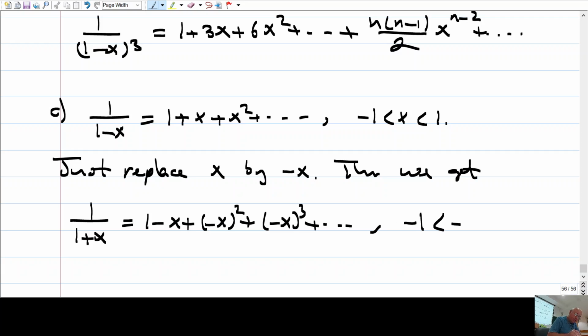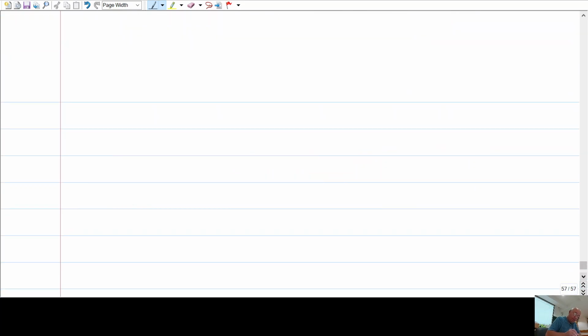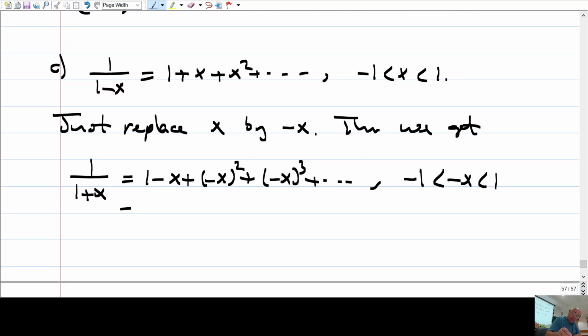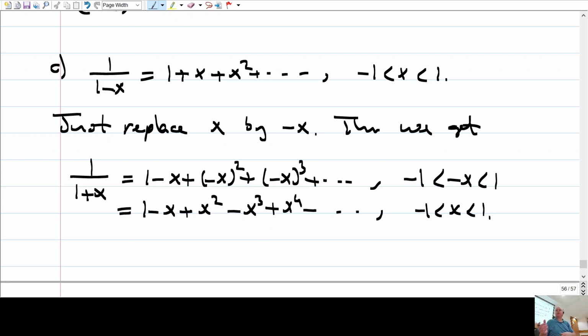This time minus x is between 1 and minus 1. And what we get is 1 minus x plus x squared minus x cubed plus x to the 4, and so on. If you just multiply everything by minus 1, you get minus 1 x 1 again, right? So I have this.